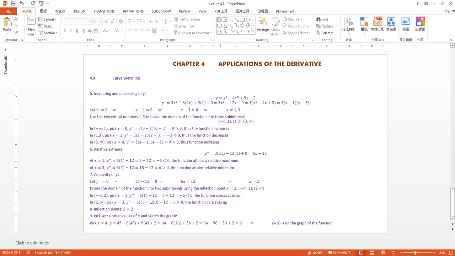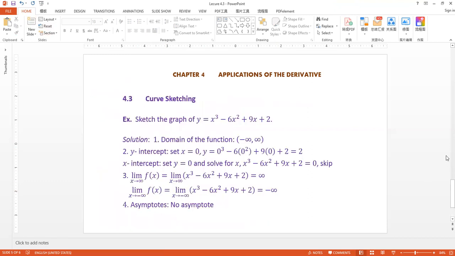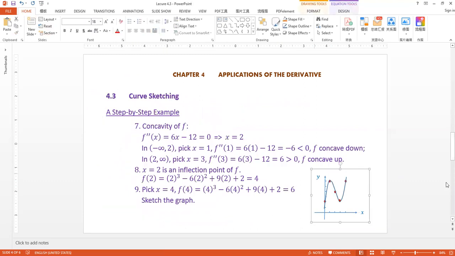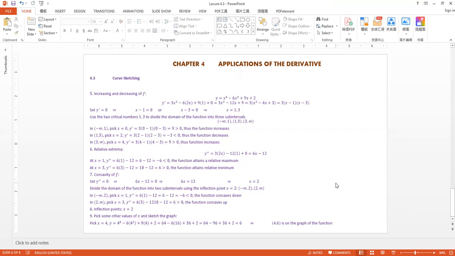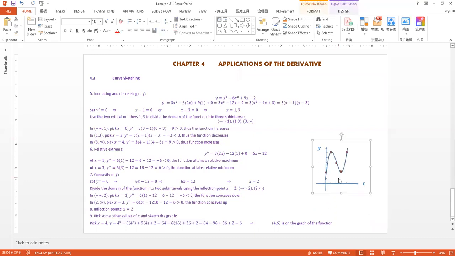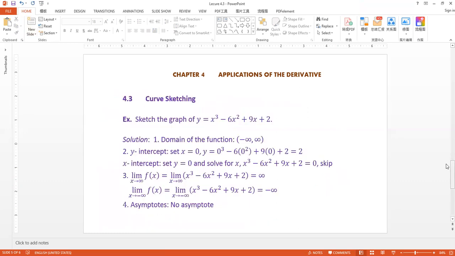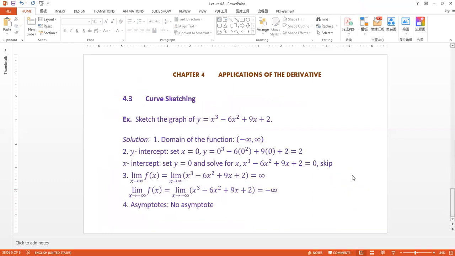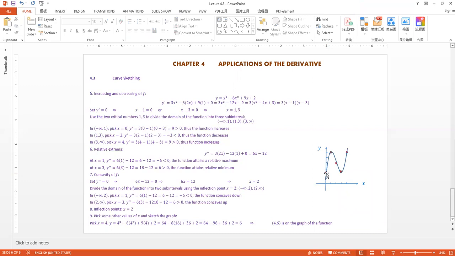At the end, we can sketch the graph of the whole function using all the information here. So let me give you the final graph as we did it before. This is the graph of the function. The domain is all real numbers, so the curve extends from the far left to the far right. The y-intercept is 2, so it's here, (0, 2).